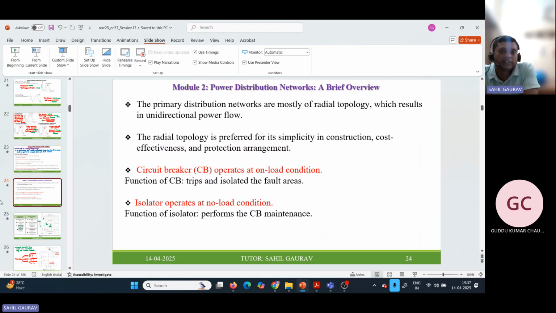So now coming to our module 2, power distribution networks, a brief overview. We know that our primary distribution networks are mostly of radial topology, which results in unidirectional power flow. Radial topology is preferred for its simplicity in construction, cost effectiveness, and protection management.